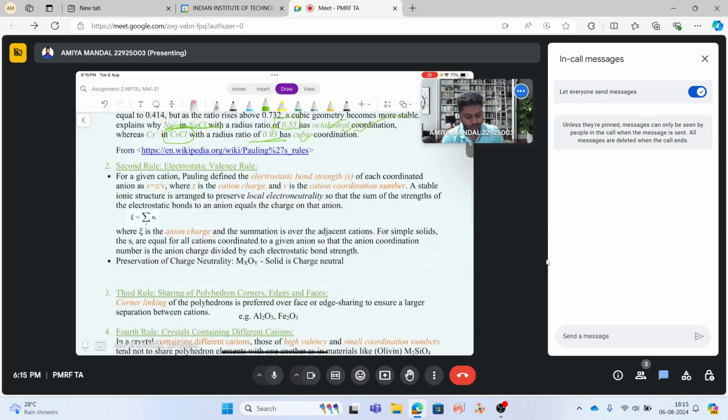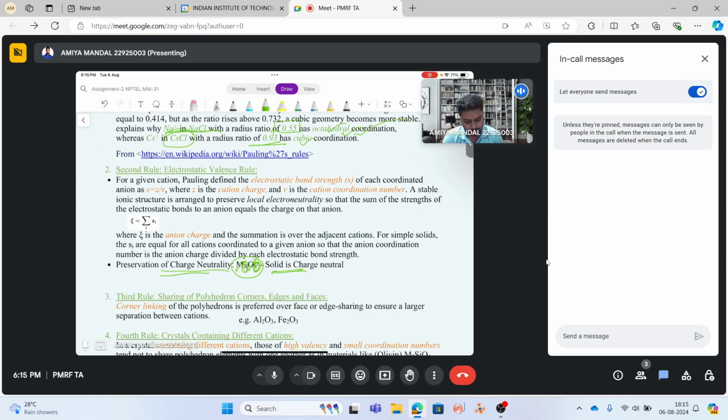But the second rule of Pauling's is mainly the charge neutrality rule. If any solid has MX, where M is the cation and X is the anion, and the valence and number of atoms are given, the solid is charge neutral. The second rule is mainly about electrostatic bond strength, which is determined by S, the charge and the coordination number.